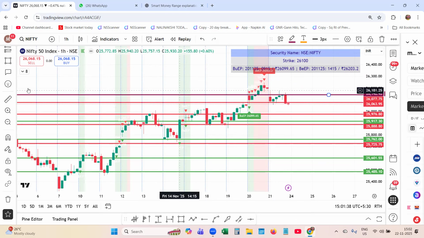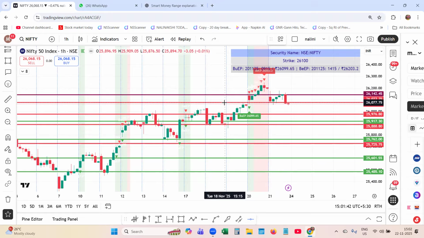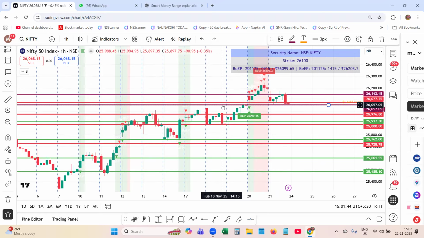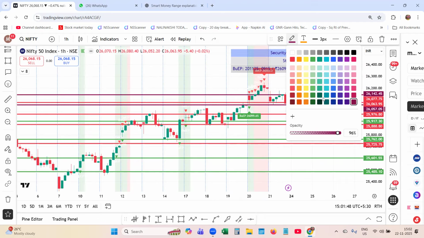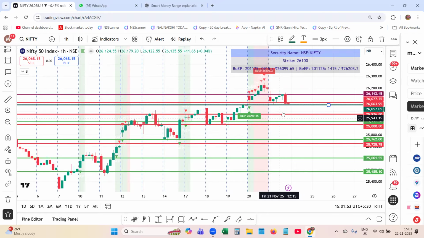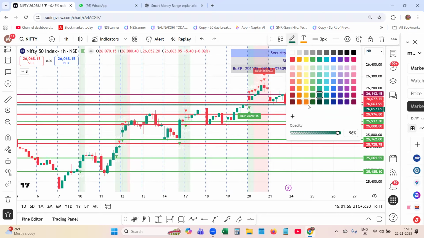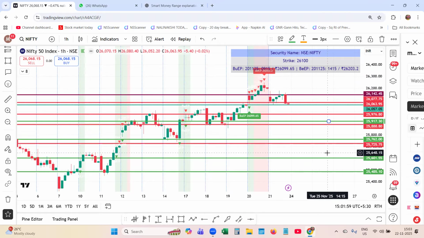New and new bullish EP. Let us make this green color different from the other green color. It's not good actually. Let me make it a little bit blue color. So these are the new EPs above these lines.